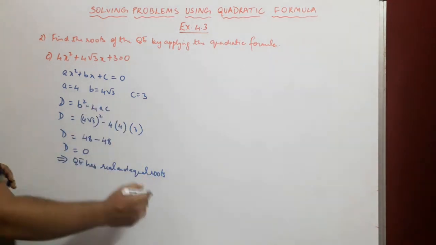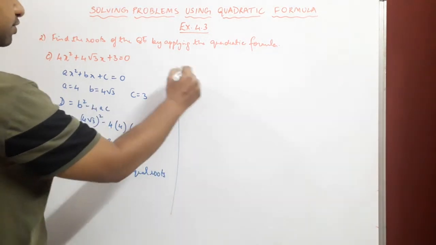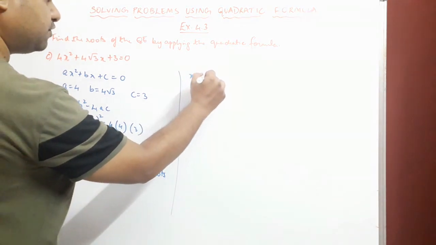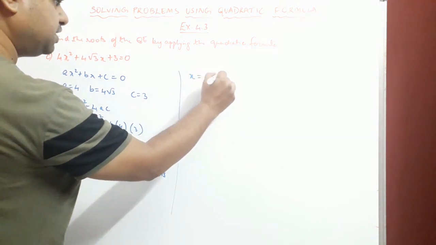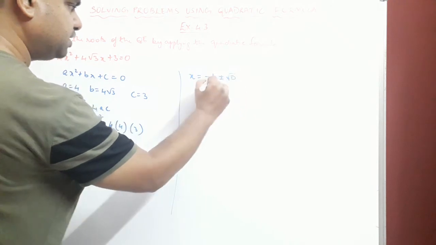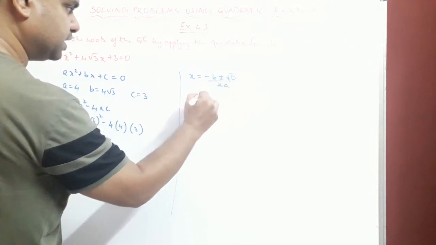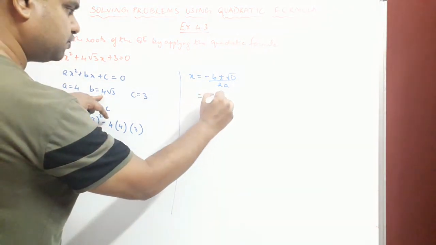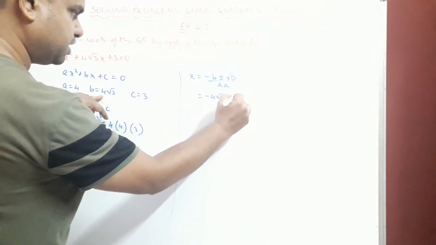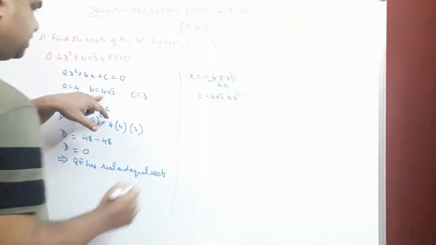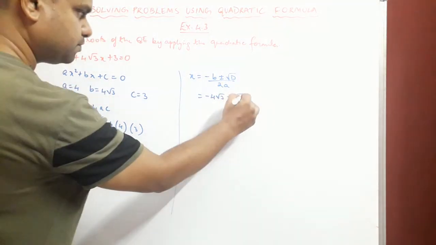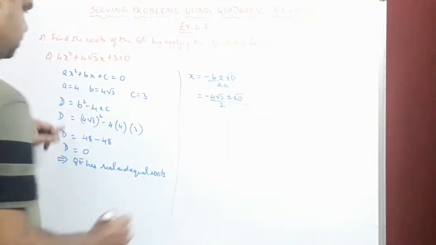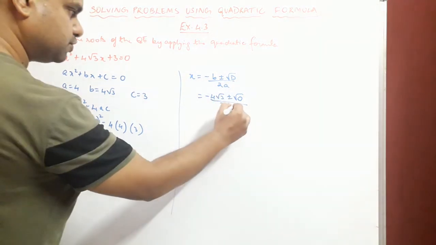Now let's find those roots using our quadratic formula, which is x equal to minus b plus or minus square root of D whole thing upon 2a. b is 4 root 3, so minus 4 root 3 plus or minus square root of D, D is 0, upon 2a. a is 4, so 2 into 4.